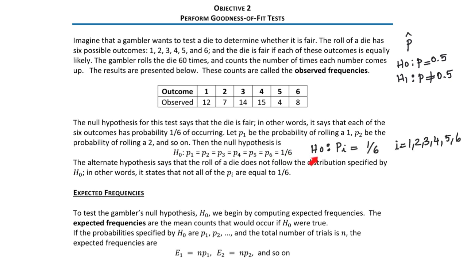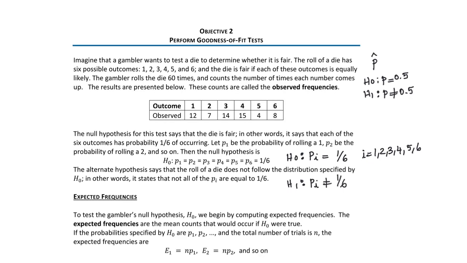We can write H naught: Pi equals 1/6, where i varies from 1 to 6. The alternate hypothesis will be Pi not equal to 1/6. The null hypothesis always specifies a probability for each category. The alternate hypothesis says that some or all of these probabilities differ from the true probabilities of the categories.